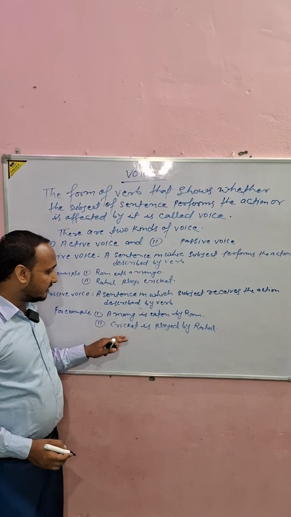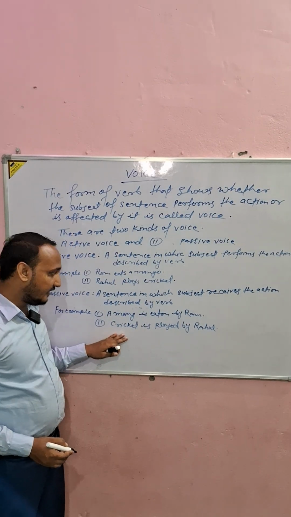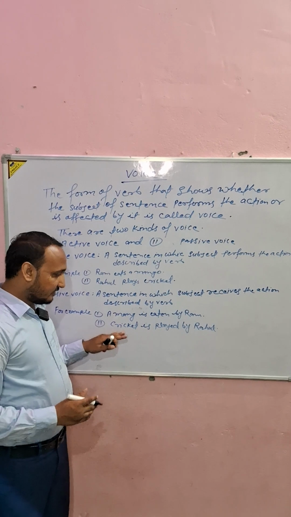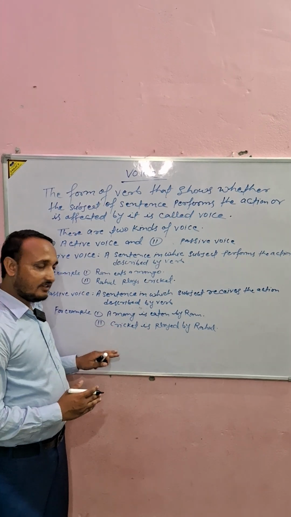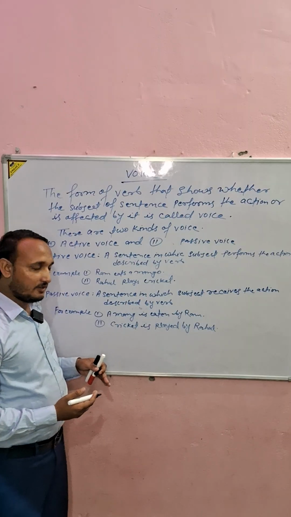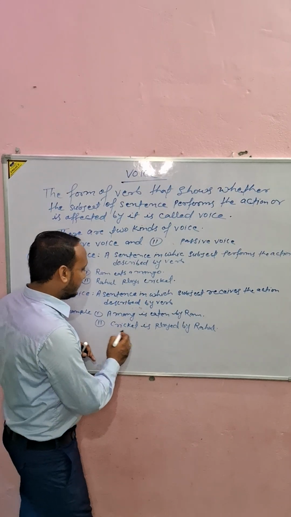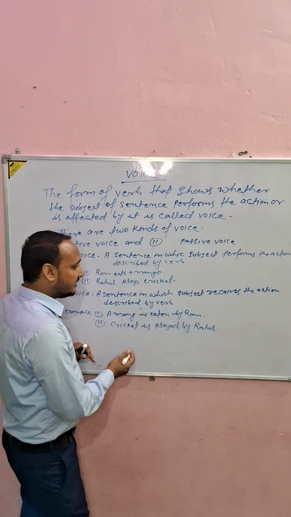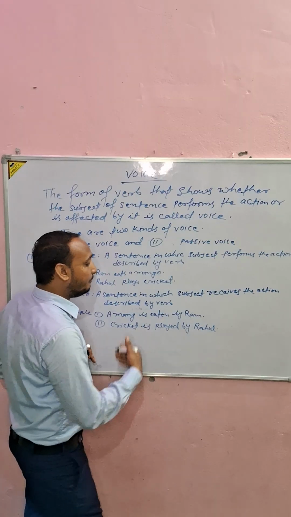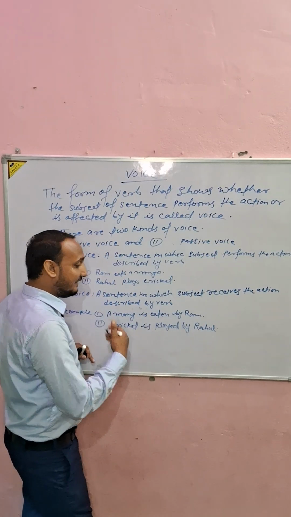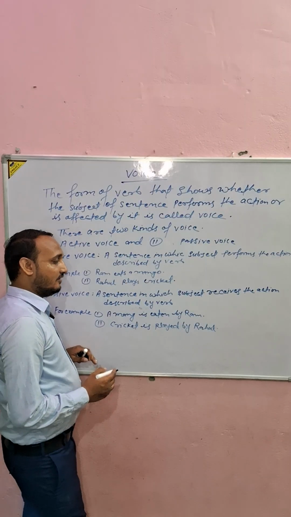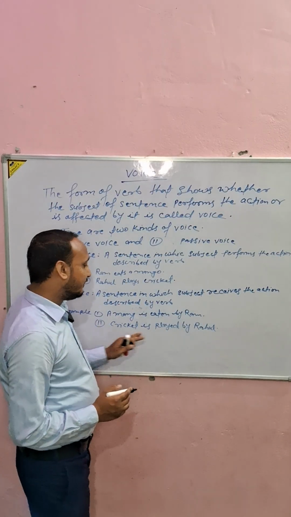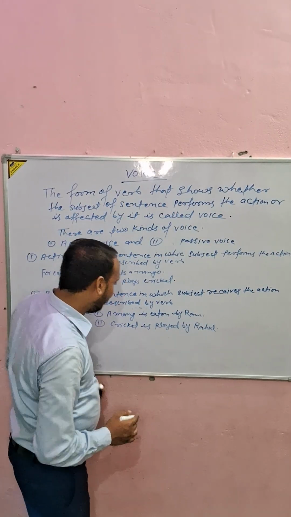Here the subject of this sentence is cricket, and the subject cricket is receiving the action of being played. Because of that, you can say this sentence is in passive form.